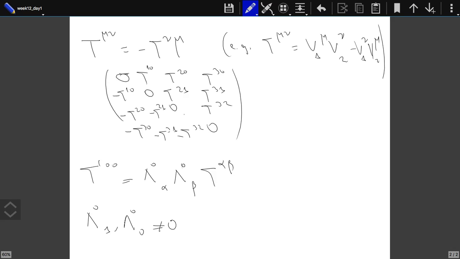And since this is antisymmetric, alpha and beta have to have different values. They cannot both be 0, they cannot both be 1. So this sum is nothing but lambda 0, 0, lambda 0, 1, T 0, 1, minus lambda 0, 1, lambda 0, 0, T 1, 0. So I don't have many terms. There are just 2 terms in that summation. Questions?